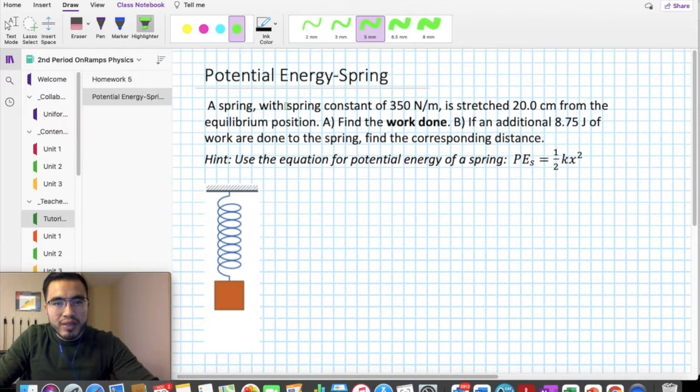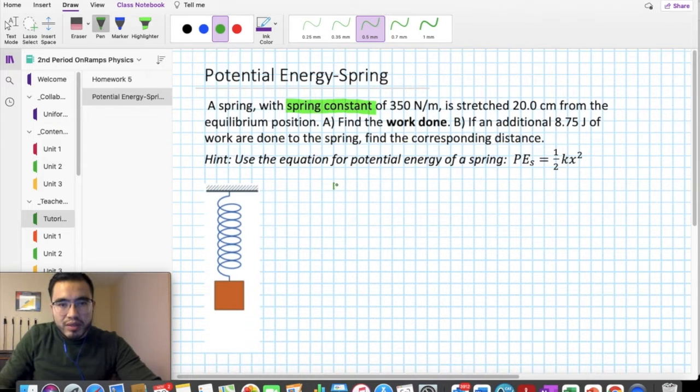So spring constant, that is the letter K. So K is spring constant. What this is, I think, let me use, instead of an equal sign, just an arrow.